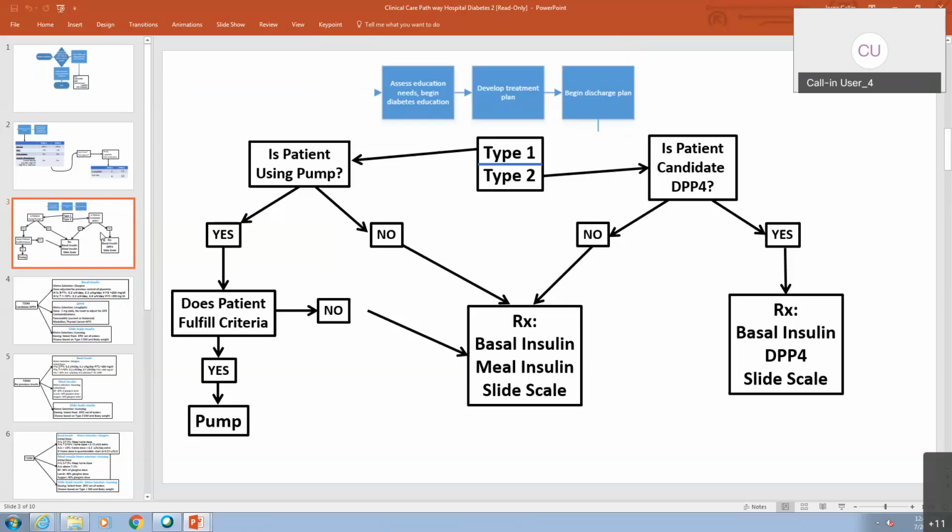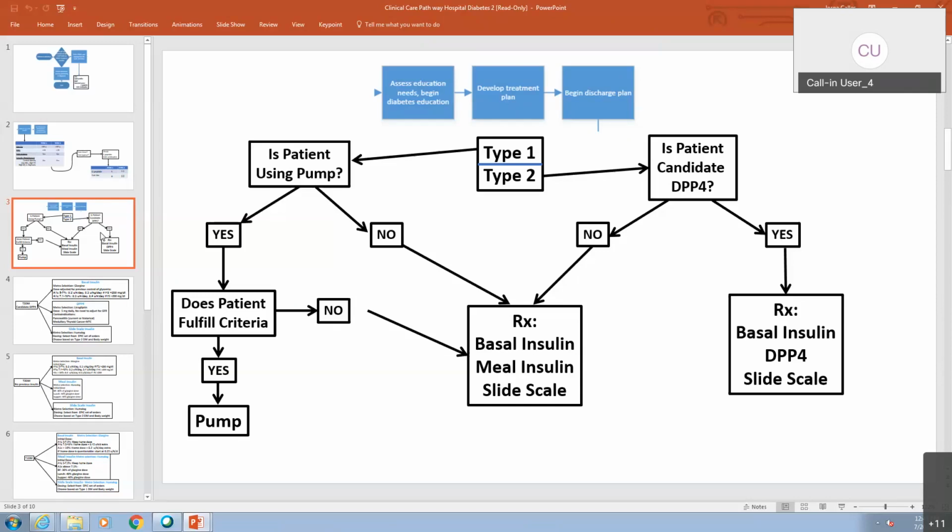And of all the DPP-4s, we have only one that has only one dose and doesn't need to be renal dose adjusted. And that is not sitagliptin. It is linagliptin. And actually, when you go to the formulary and you look for a DPP-4 in the hospital formulary, you're not going to find anything but linagliptin. Just to make it easy on you guys. So linagliptin is the one because of that renal adjustment.